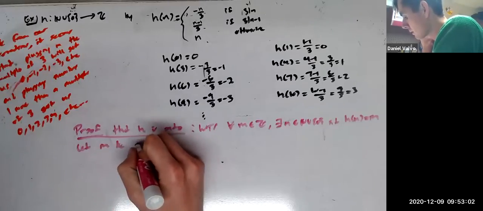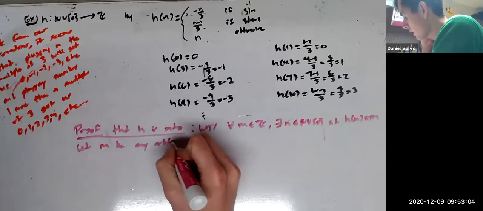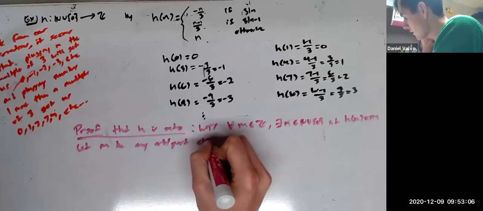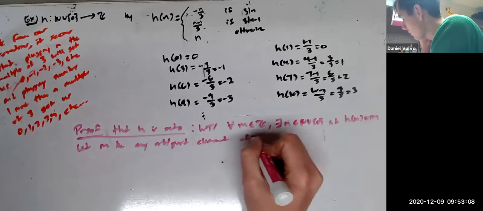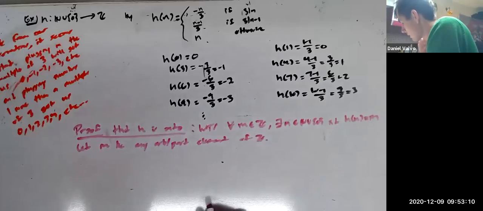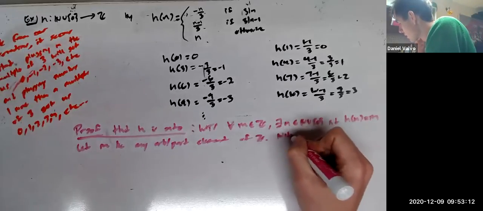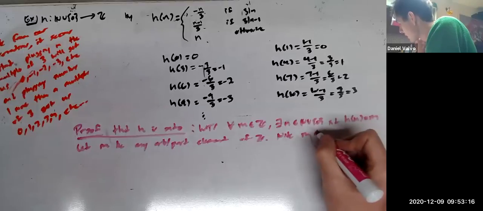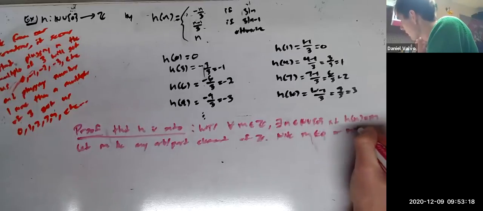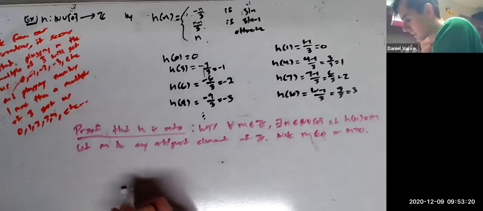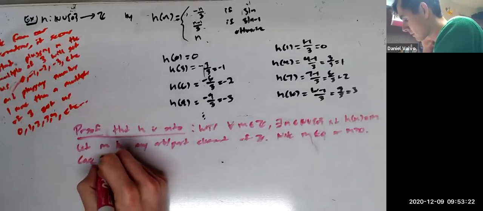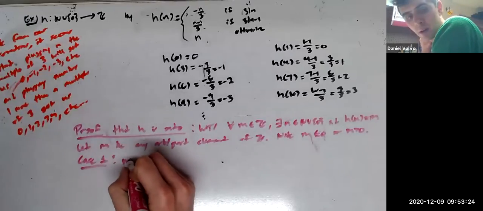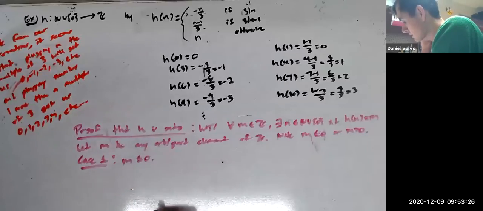So let m be any arbitrary, particular element of Z. Note m is either less than or equal to 0, or m is greater than 0. So you have two cases here. Case 1, m is less than or equal to 0.